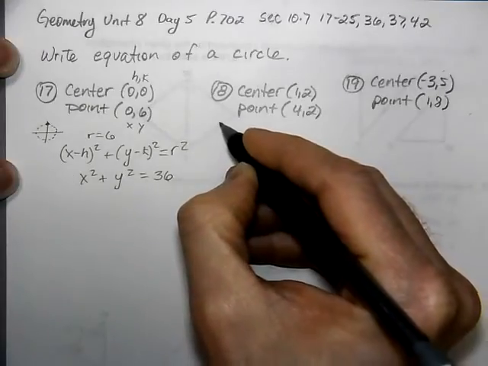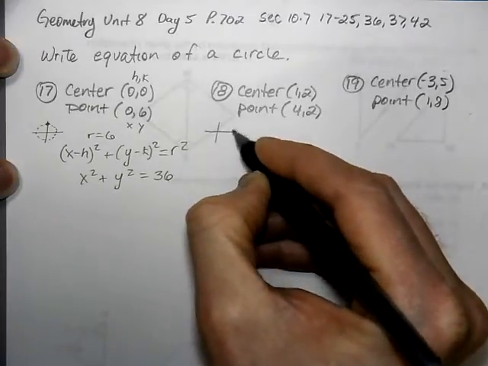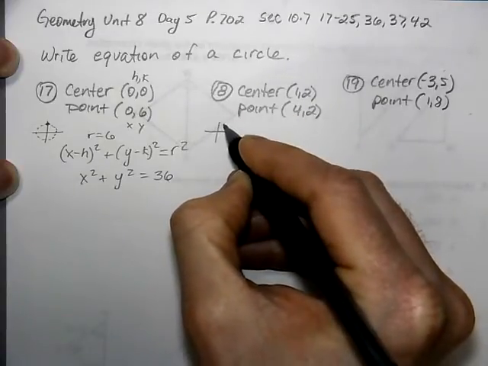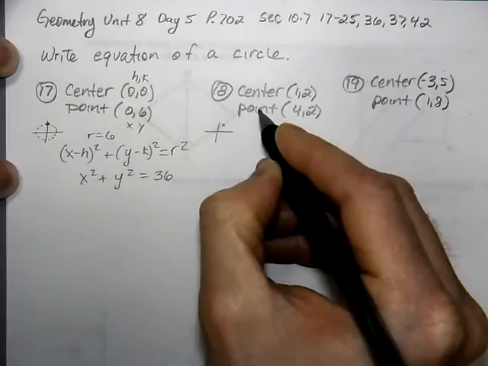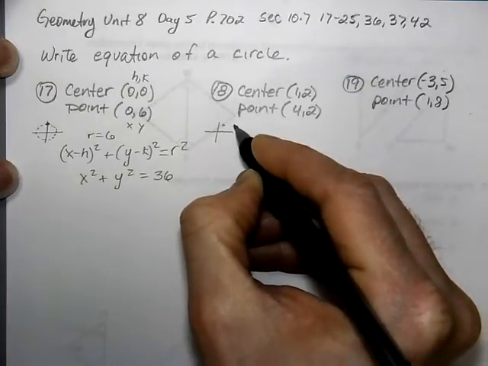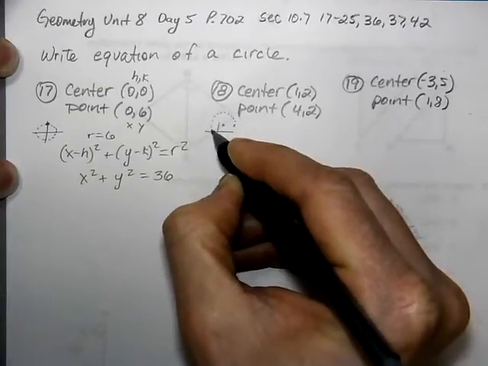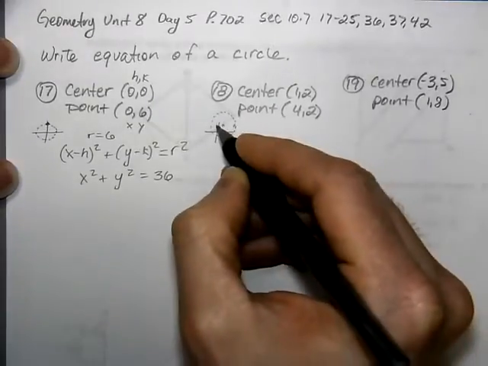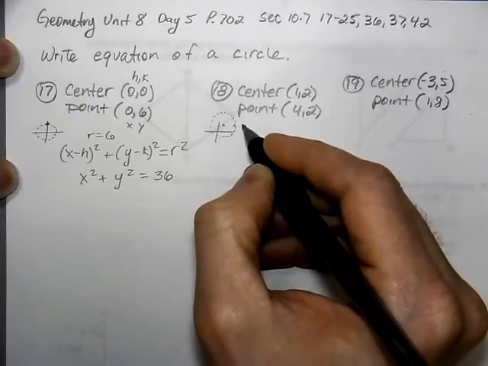Here, we'll make a quick sketch. We have a center point at 1, 2. We have another point that's at 4, 2. So this one is horizontal from the center to the point on the circle.